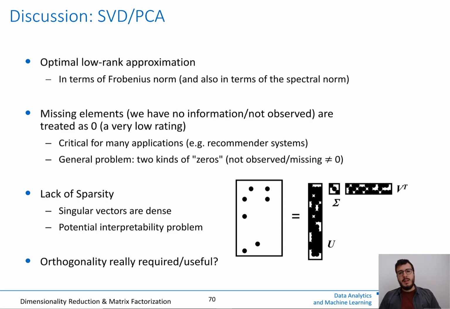Okay, and then yet another issue which SVD has is that the factors that it produces are dense. So the top k singular vectors, left and right singular vectors, are dense vectors in the sense that there are not that many 0 entries in these factors, right?